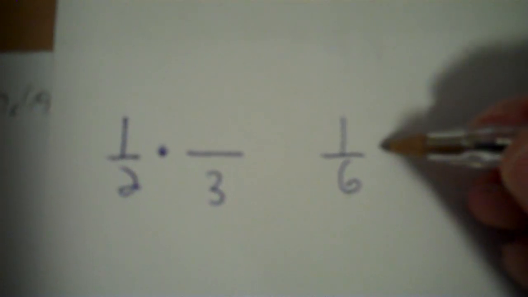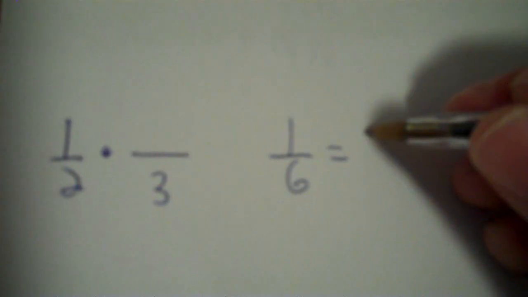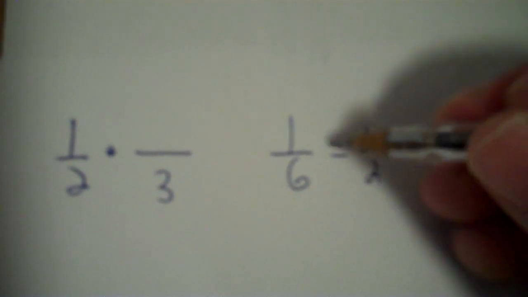So let's say 1/2. I'm going to pick a number. Let's say I choose just to multiply the 2 by 3 and leave the 1. Well, then that would stay 1, but then 2 times 3 is 6. Now, is 1/6 equal to what I started with, 1/2? No, they're not. Those are not equivalent fractions.